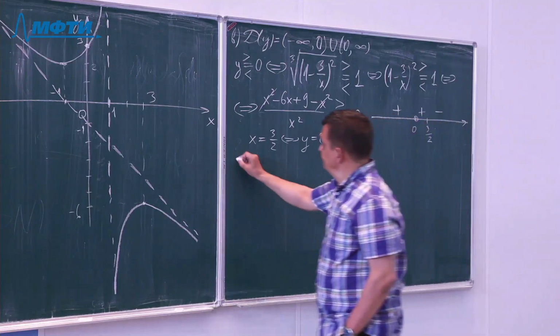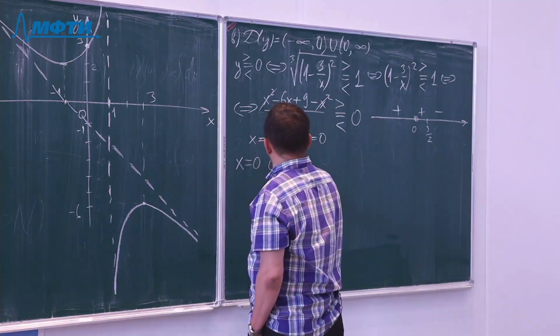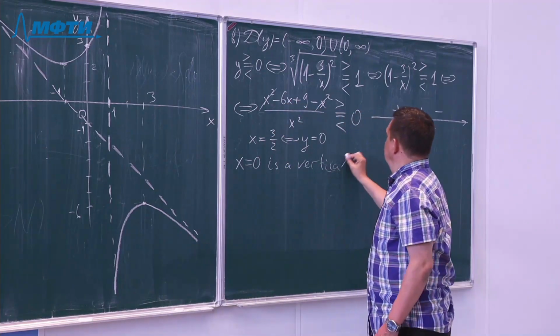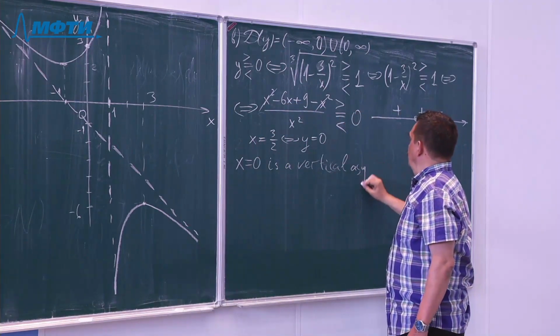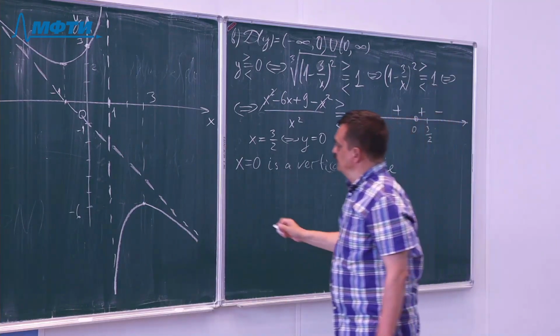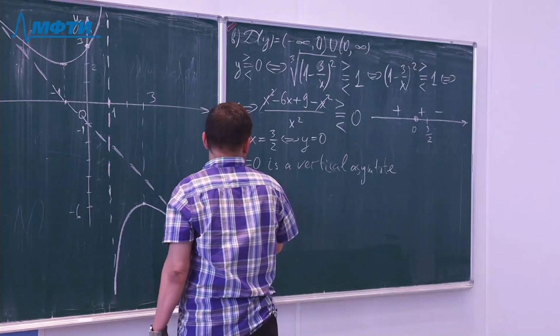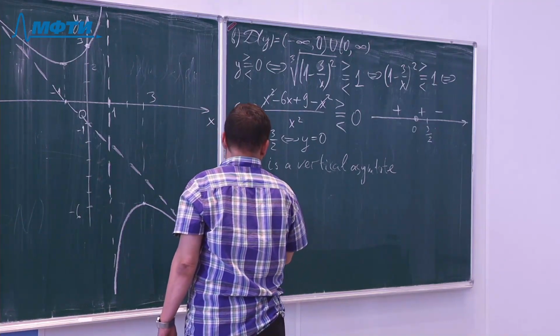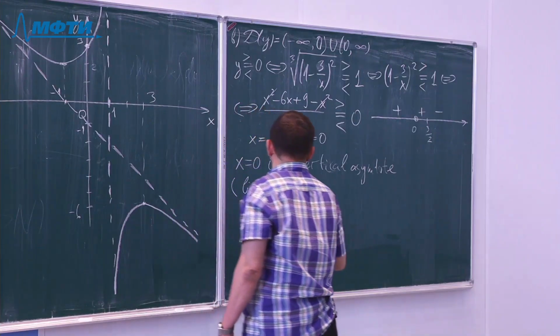And also x equals 0 is a vertical asymptote. Why? Because of the limit as x tends to 0 of y equals what?